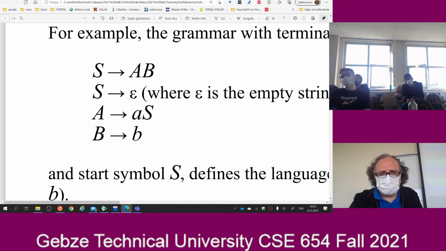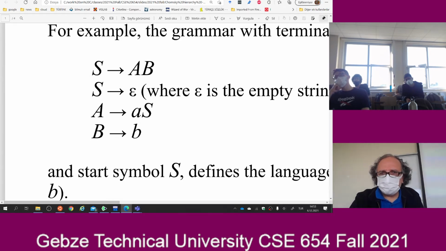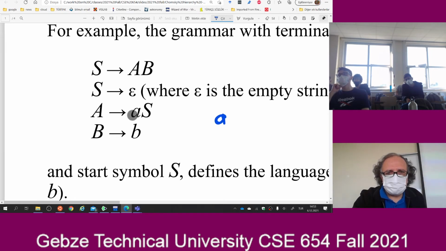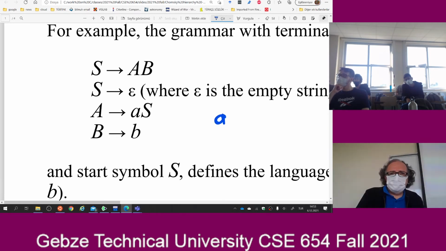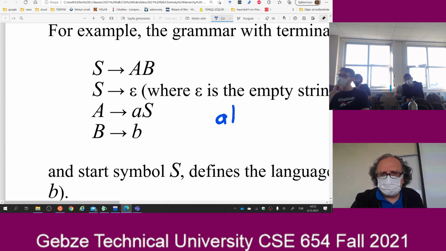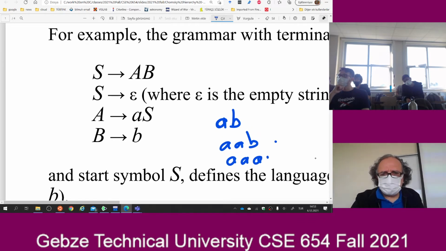No, a has to be at the beginning. Then S, and then b. This is one example: a b, right? It looks like that, right?